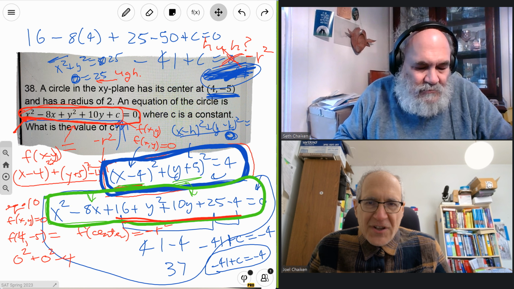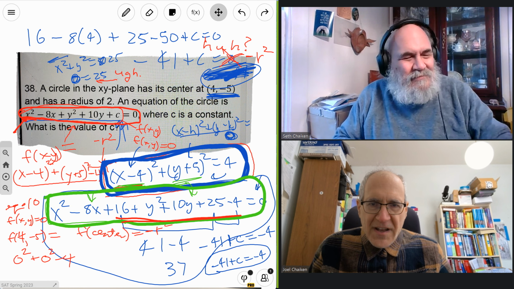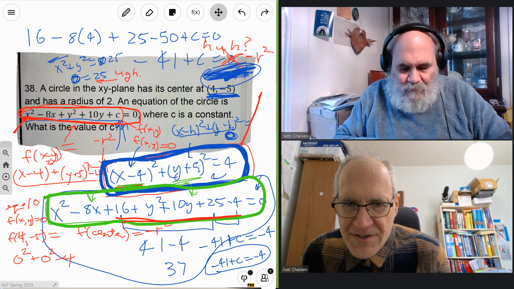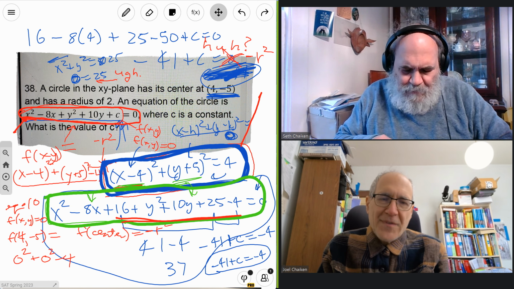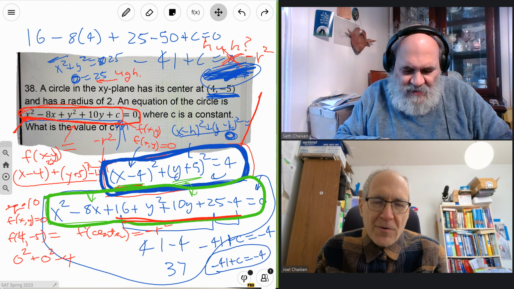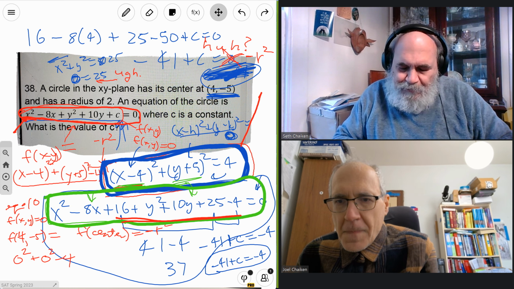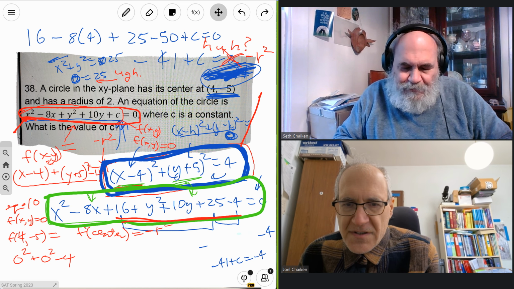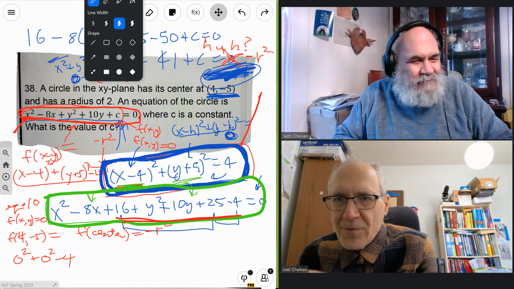Certainly understanding the equation of a circle, and it really helps if you remember it, which is the equation in blue. It's a very important reminder.